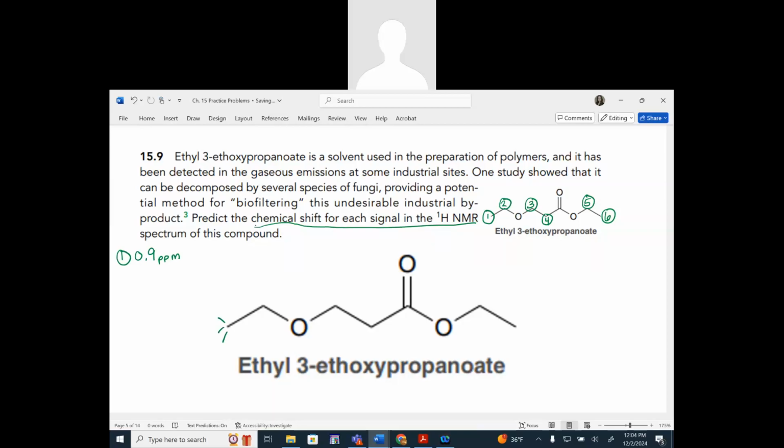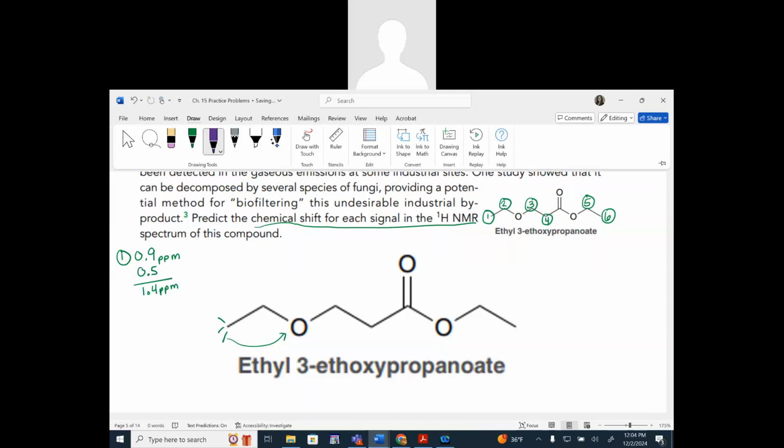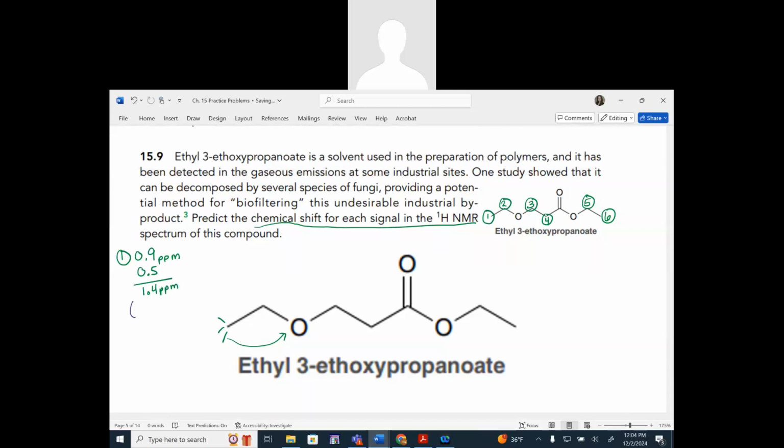We see that they are beta to this oxygen here, so we're going to add 0.5, which is 1/5 of 2.5. And we would expect our shift around 1.4 ppm. Let me change color here. I'll put the actual shift in parentheses here. We actually see a very close value, 1.2 ppm.